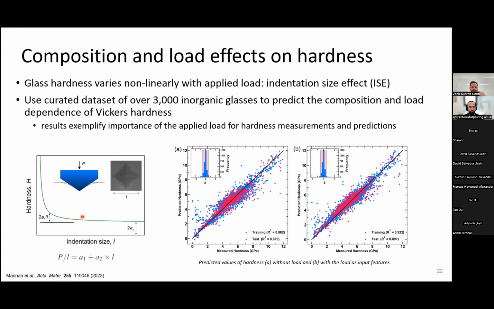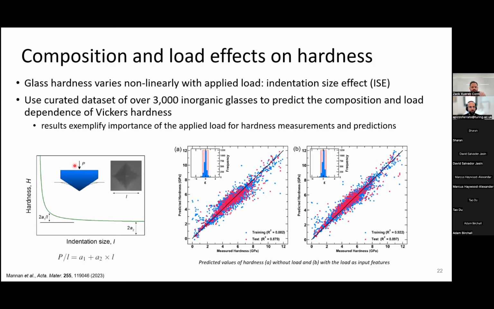So we have this decrease here, and this becomes important when we want to try and predict hardness. So here, Anoop's group was looking at 3,000 glasses from the literature, and trying to predict the composition and load dependence of hardness.